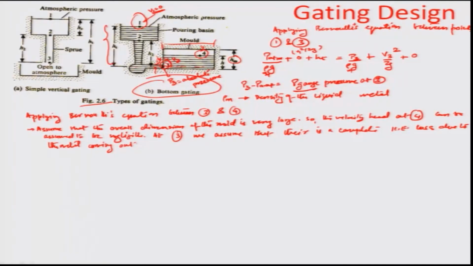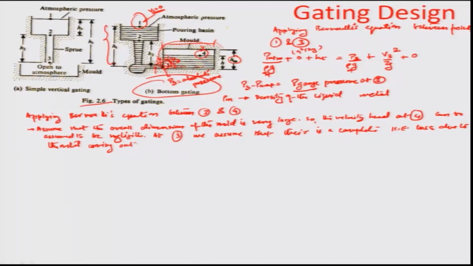the metal is coming out into the open into a very, very large area, we can assume that this kinetic energy, which was there just before the entry of the gate, and the moment it has entered the zone 3, that means it is into the mold now, and which is the zone 3 that we are considering here really.